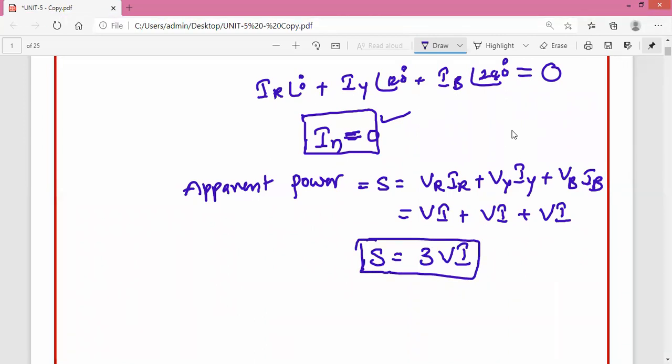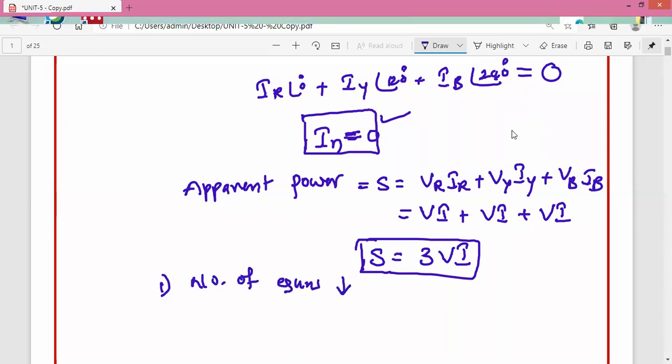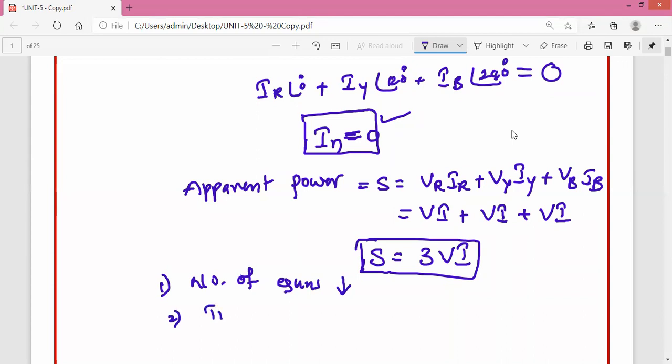So this is the three-phase power. The advantage is that when a three-phase system is balanced, the number of equations to be solved is reduced, and the time taken to calculate these equations is also reduced.